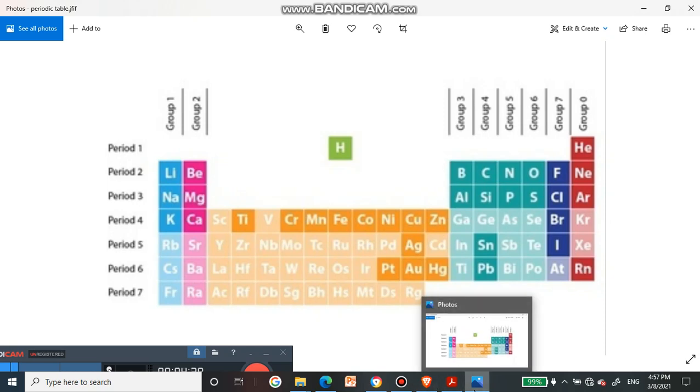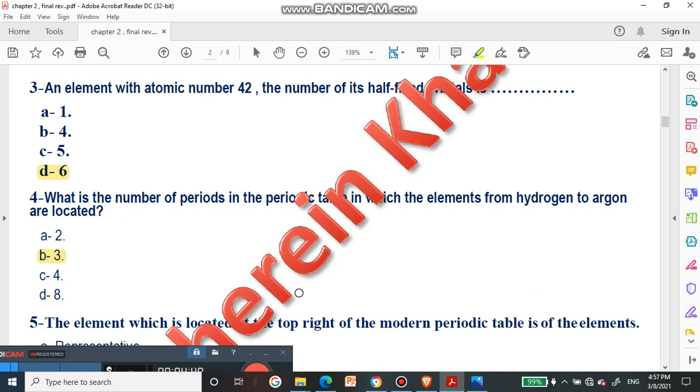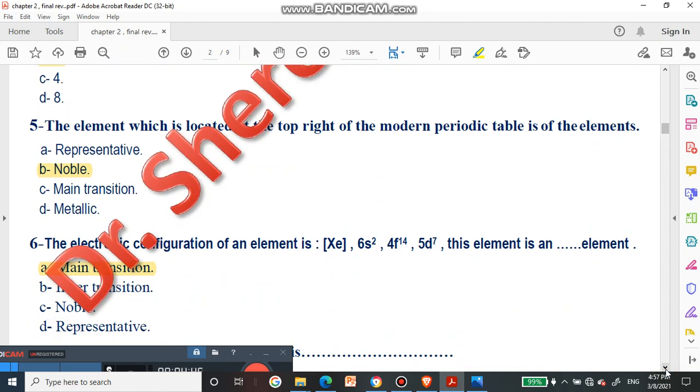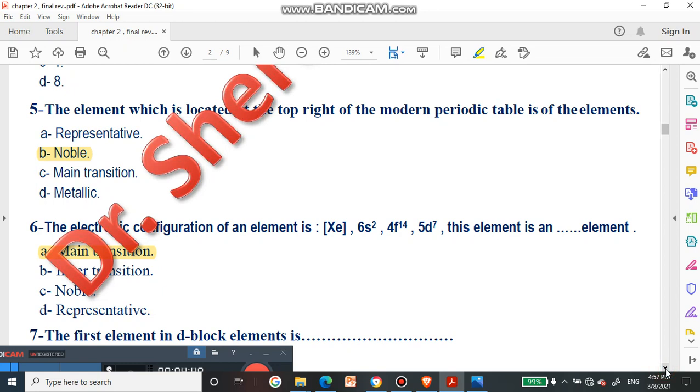Let's go to question number 5. The element which is located at the top right of the modern periodic table is of the elements.